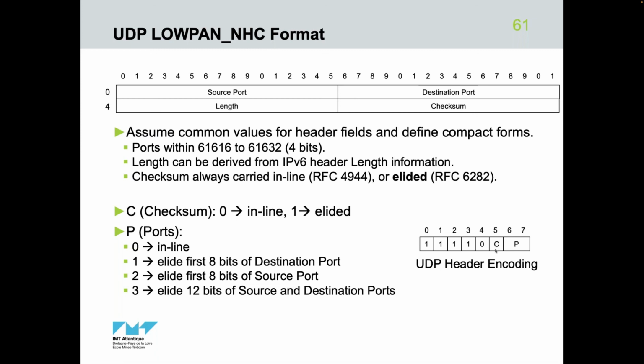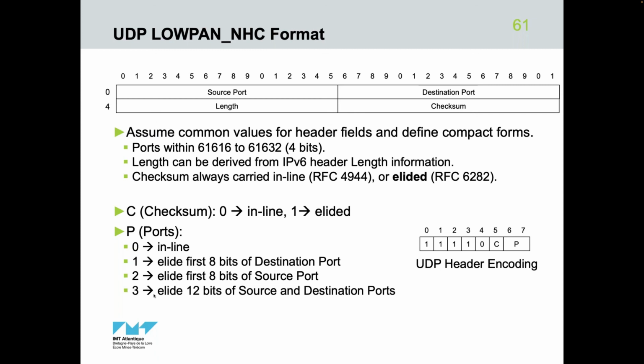When it is 0, this field is not compressed, and vice versa, when it is equal to 1, it is elided. Finally, we have the 2-bit field, which represents the ports, where 00 indicates that there is no compression, so all the information must be carried inline. 01 indicates that only the first 8 bits of the destination port are elided. 10 indicates that the first 8 bits of the source port are elided.